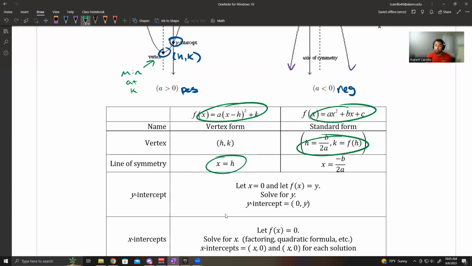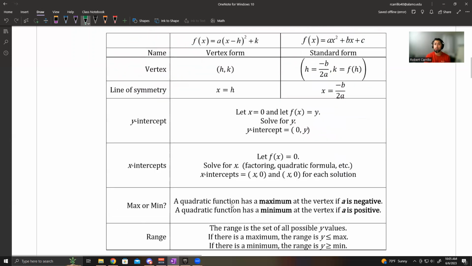So if you know the h value of your vertex, you know the value for your line or axis of symmetry. And you guys see that it is the same formula for h. So if you know your h value, you know the x value for your line of symmetry.